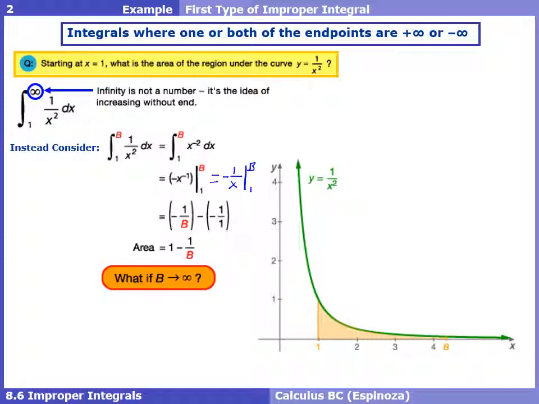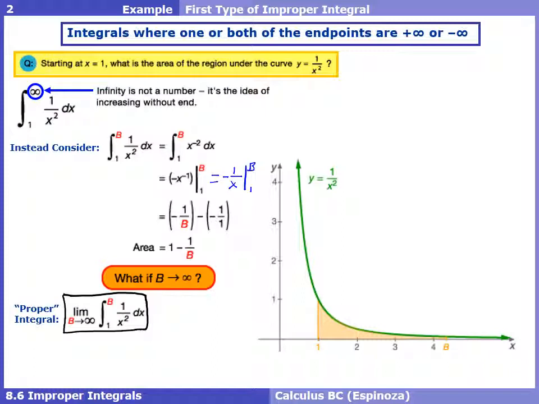So the key here for these problems, just like I said before, and it's the thing that's going to be looked for in these kind of AP problems, is that you set up what is called a proper integral. It's very tempting to leave that infinity in the integral symbol and just kind of do it that way and just make it work out. But what we need to do is set up one of these proper integrals.